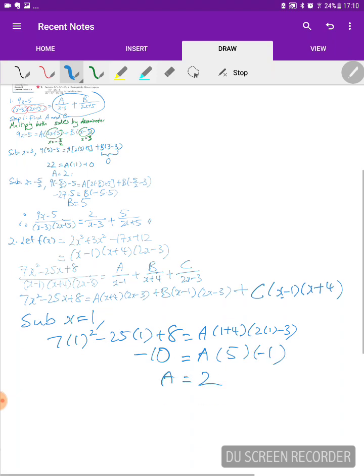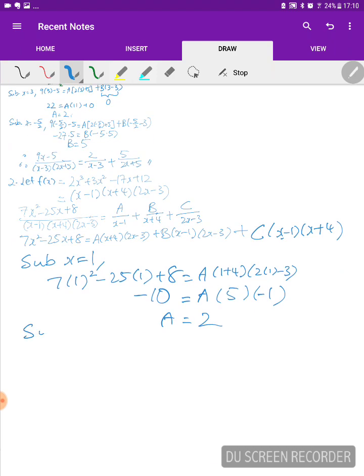Okay? And then I substitute x equals negative 4. So 7 times negative 4 squared, and so on. If I substitute negative 4, the A will be gone because negative 4 plus 4 is 0. This C is also gone, so I'm only left with B. You get what I'm trying to say?